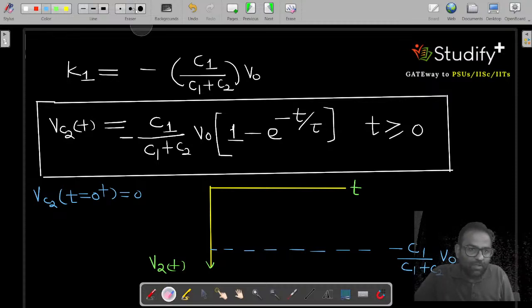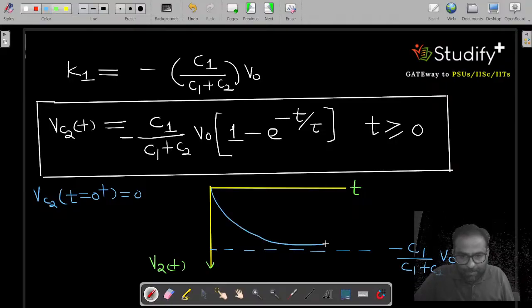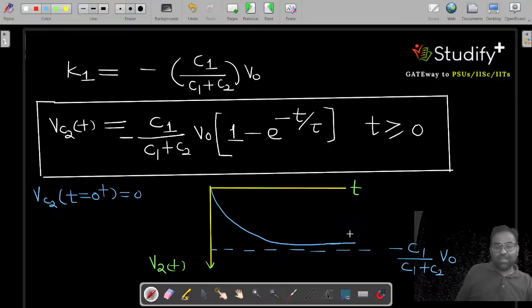So how will I draw the graph? I will draw the graph like this. Correct? This is the charging waveform, but for a negative value, but still it is a charging waveform. So this is the idea.